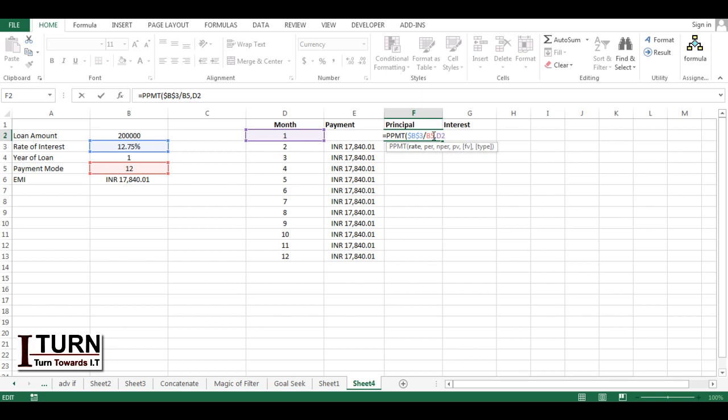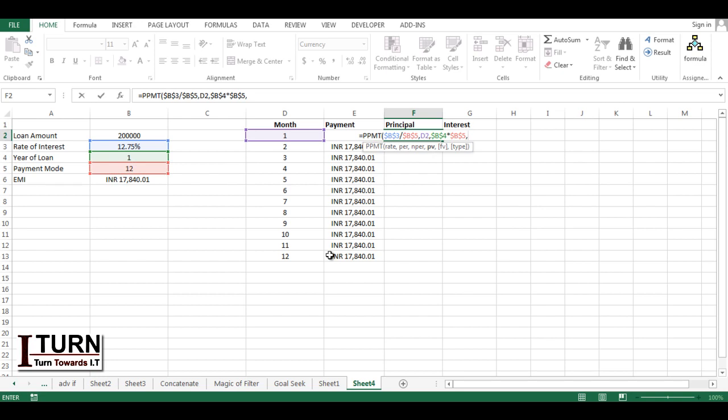Another thing, this B5, the payment mode which we have selected, also needs to be converted into a constant value. Now the next thing is nper. Nper means how many times you will have to make the payment. In order to do that, we will select this year of loan, make it constant, multiplied by, giving the asterisk sign, the payment mode, again converting this into a constant value.